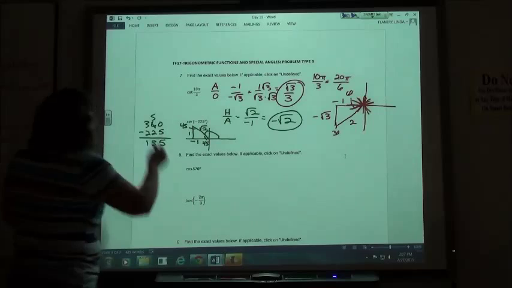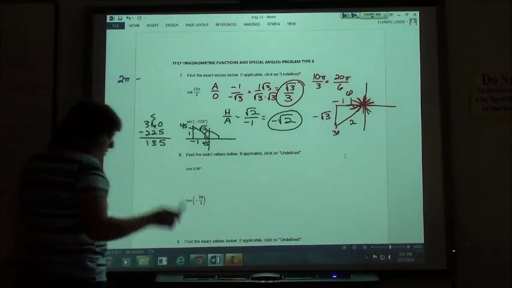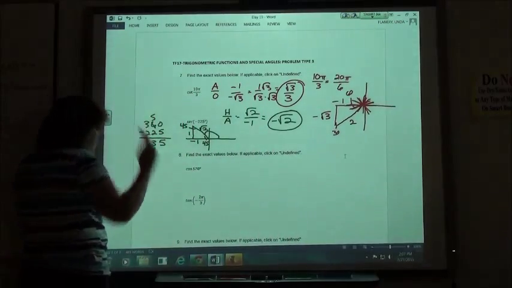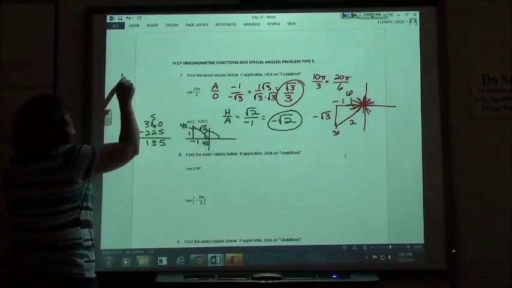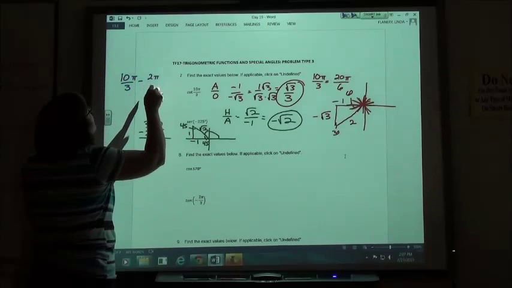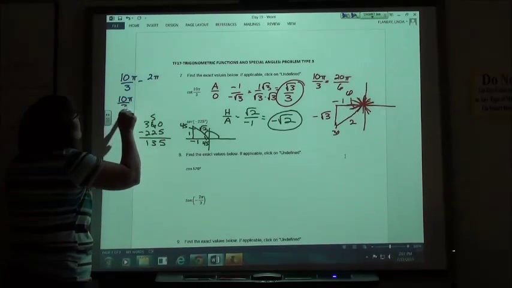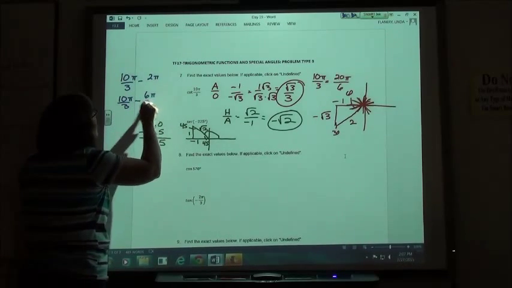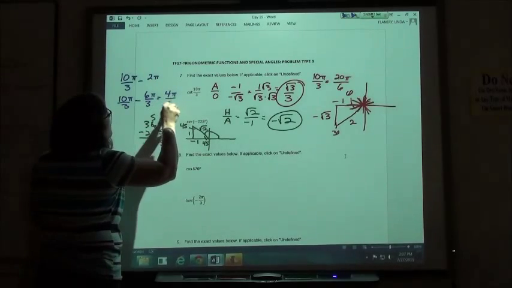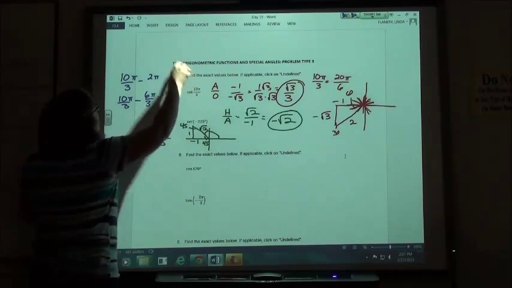So just for fun, I want to take 10 pi over 3 and subtract 2 pi. 2 pi times 3 is 6 pi over 3, so 10 pi over 3 minus 6 pi over 3 would give me 4 pi over 3.